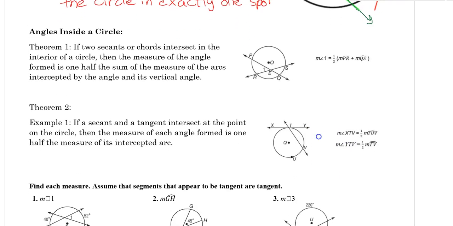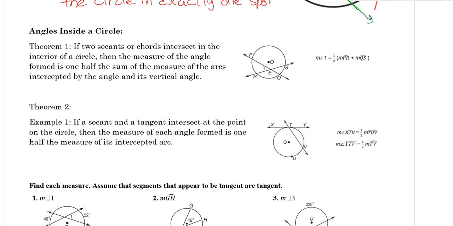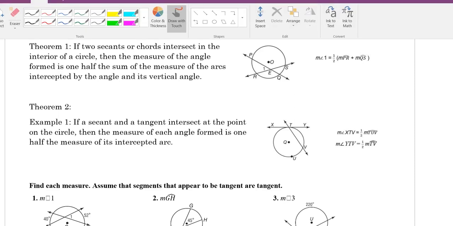So then, we're going to look at some theorems. We have angles inside a circle. That's the first of the theorems we're going to look at. Theorem 1 states, if 2 secants or chords intersect in the interior of a circle, so that means if 2 secants or chords cross inside your circle, then the measure of the angle formed is 1/2 the sum of the measures of the arcs intercepted by the angle and its vertical angle. Okay?